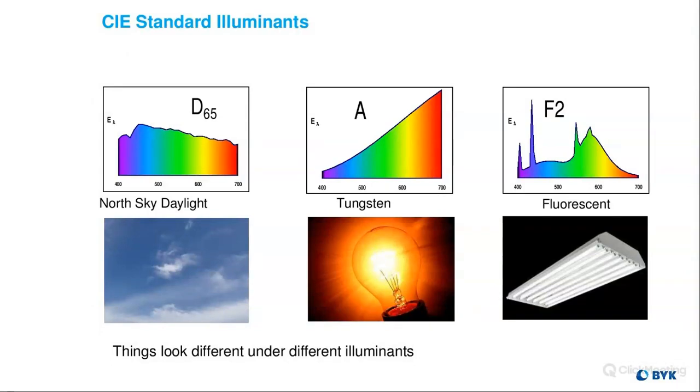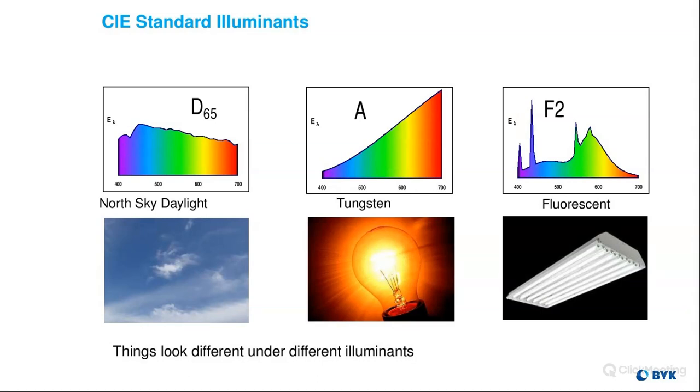Moving on to some standard illuminants. So these are some of the main standard illuminants that are used. So we have D65, like I mentioned before, and that's daylight. And we see it's a pretty even distribution of all colors across that wavelength there, which is why it's recommended to use most often.